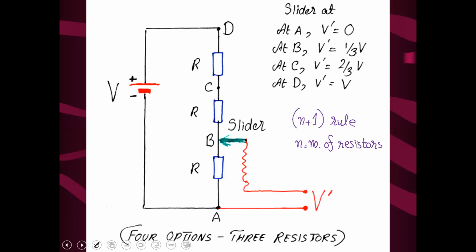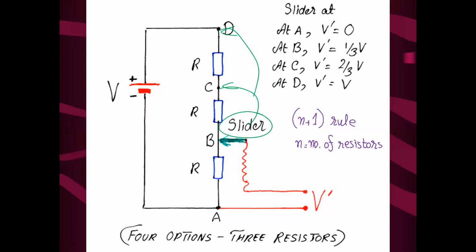The number of resistors can be increased as per the requirement. You can increase the number of resistors, and you can then move the slider. Look, this is the slider position. You can move the slider here, you can also move it here.